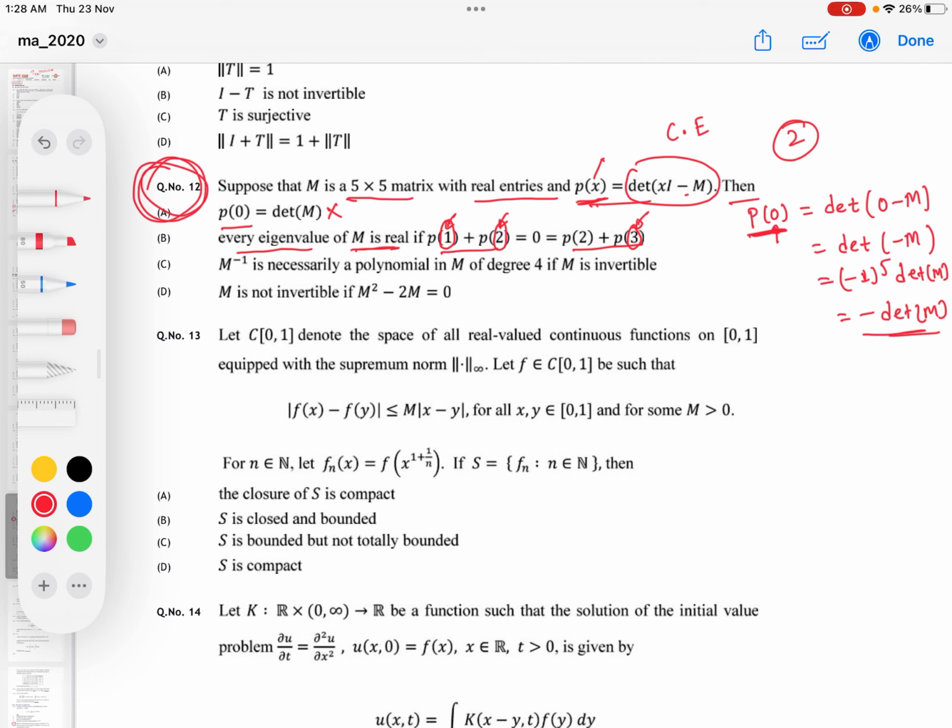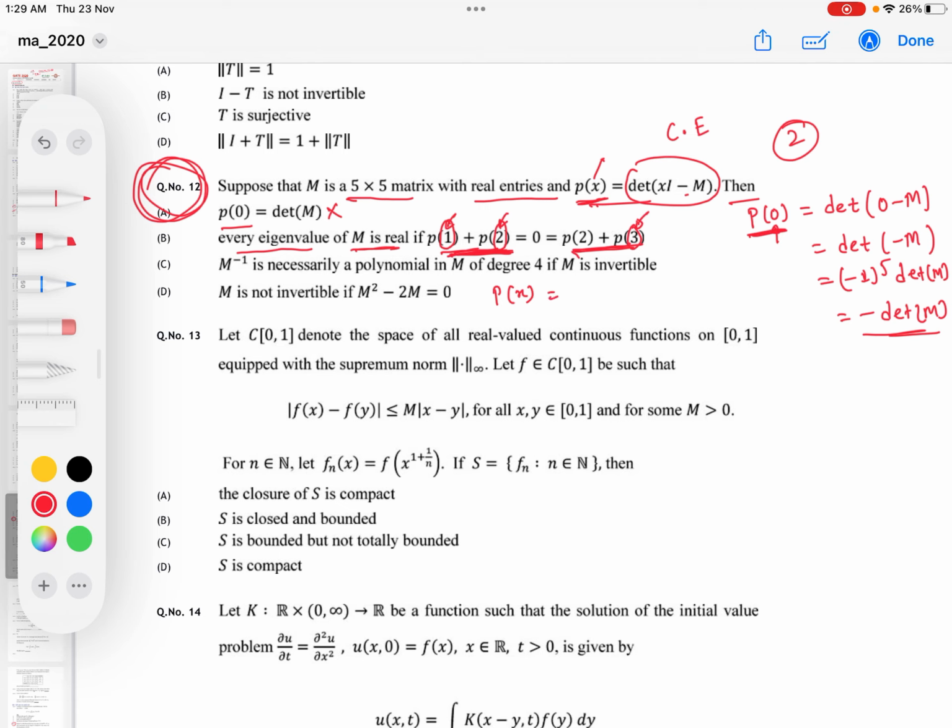If we try to satisfy this given equation, we have the polynomial p(x), so we can take it such that p1 plus p2 is equal to 0.